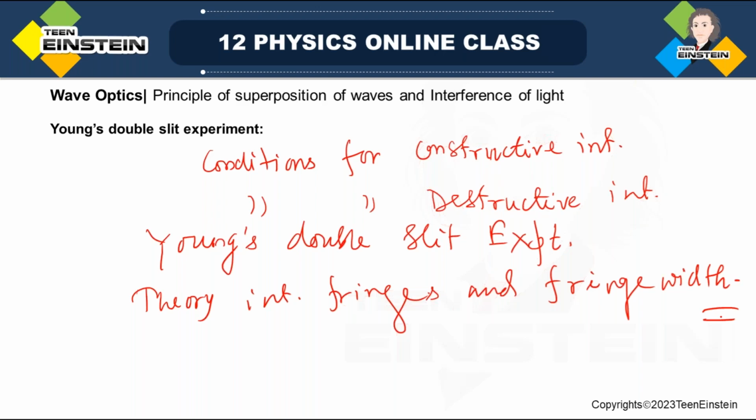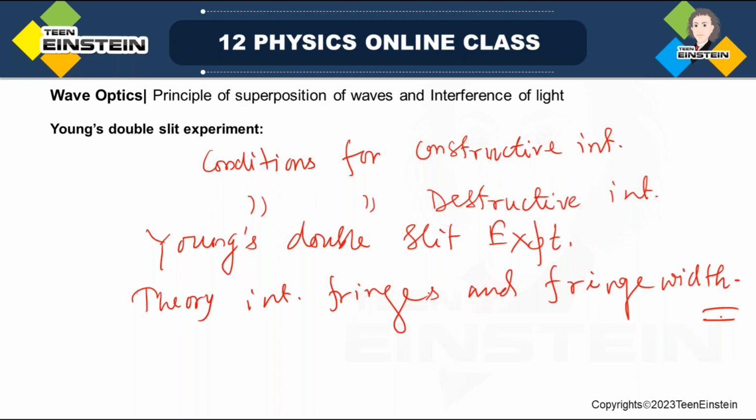Next day we'll go further with this, and probably we'll be discussing the intensity distribution for Young's double slit experiment or interference, and we'll do one more small theory here.